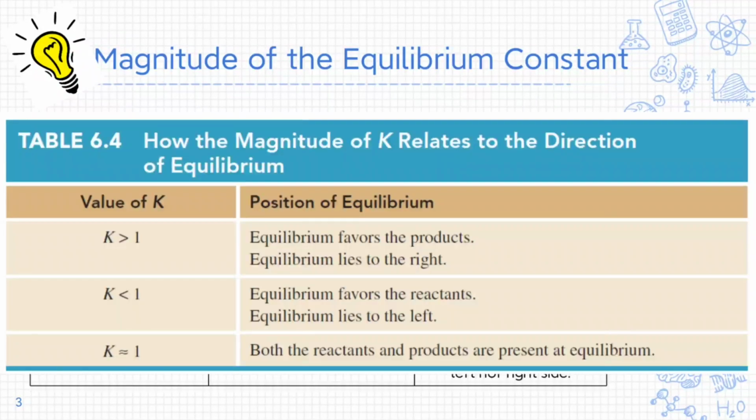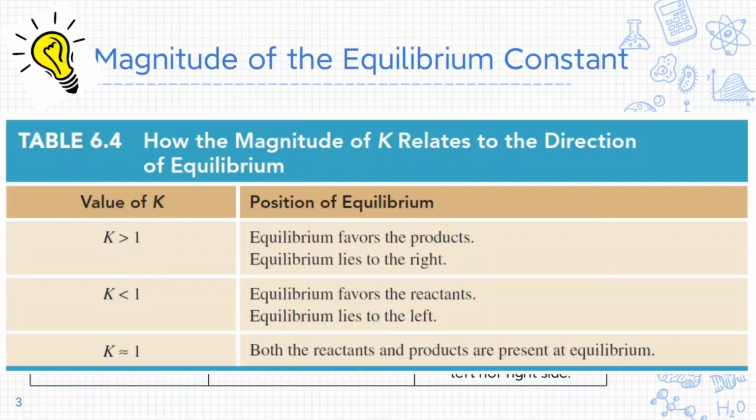Okay? So ito po yung shortcut version. Again, if your equilibrium constant is greater than 1, it favors the product side, or the equilibrium lies to the right. Okay? And then if your computed value for equilibrium constant is less than 1, so your equilibrium favors reactants, or the equilibrium lies to the left.